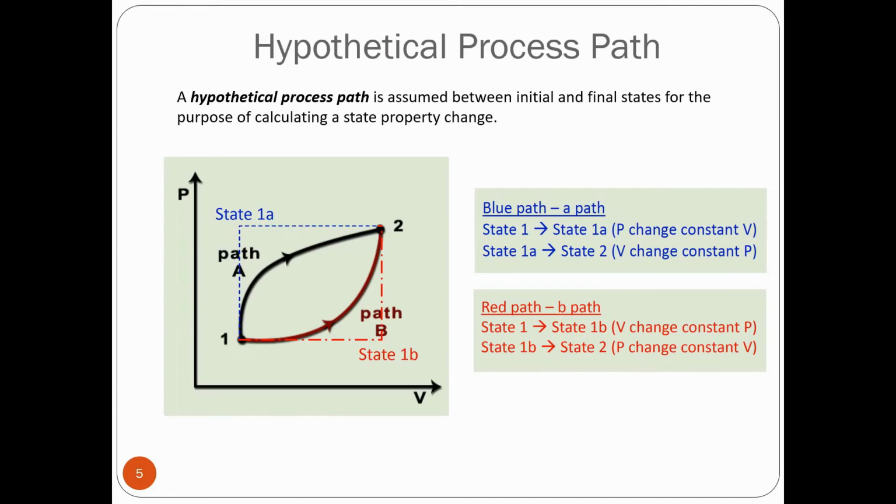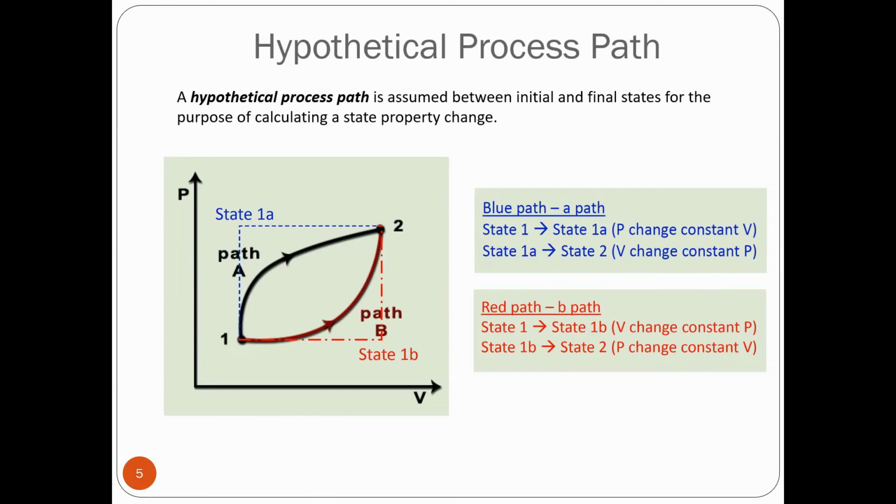For example, in the blue path, you have a P change at constant volume first, and then a volume change at constant P for the next change.